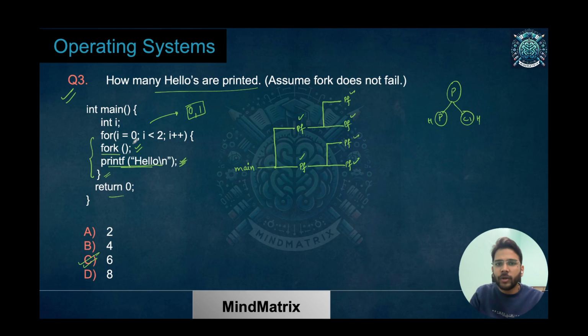Again this loop is going to execute for the second time, fork system call is executing. So here you have P, its child C2 will be created, and similarly for C1 also, its child C3 will be created. Now again the printf statement, so hello will be printed by all four processes and then return 0. How many times? 1, 2, 3, 4, 5, 6. 6 times hello is going to print. Clear?